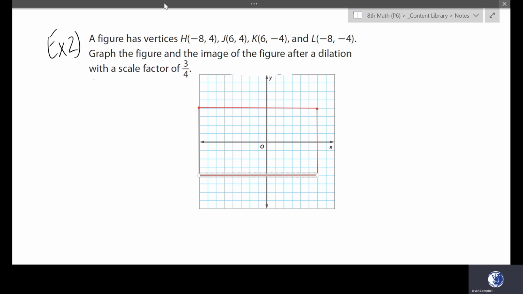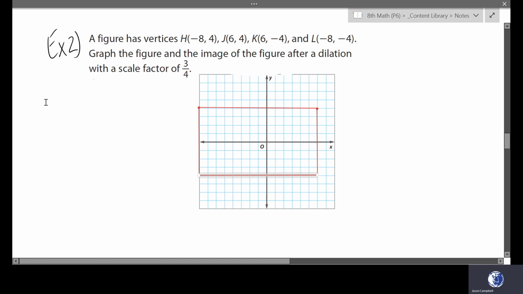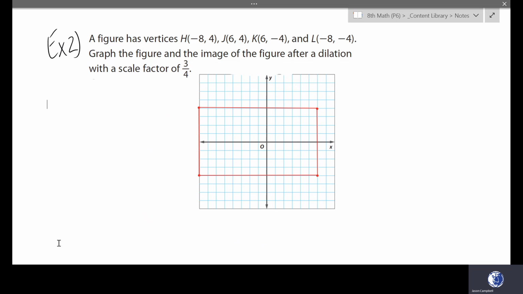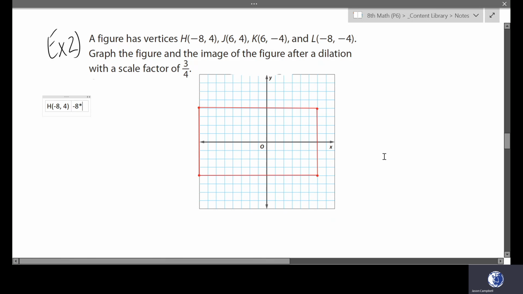So it wants us to find the coordinates of a dilated image with a scale factor of 3/4. So let's start with H. H was -8, 4. So we want to do -8 multiplied by 3/4.